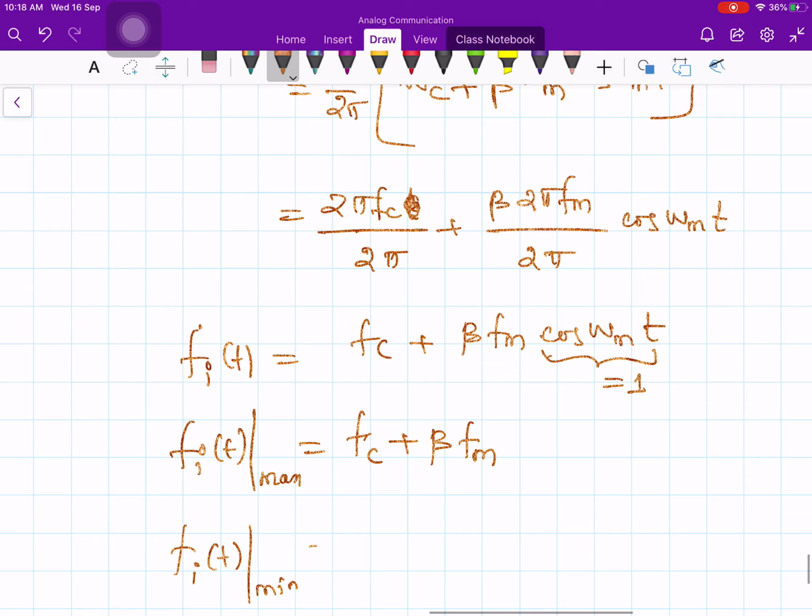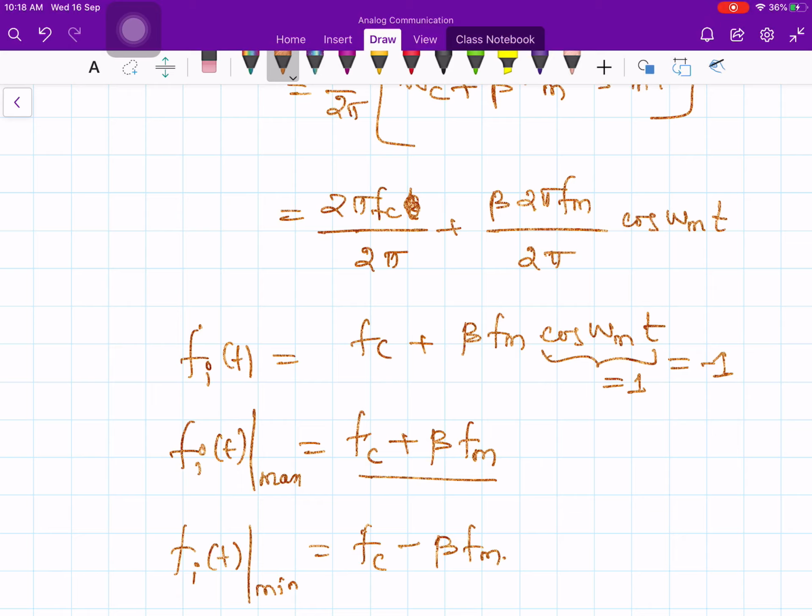At least this guy is equal to minus 1. Therefore fc minus beta fm. So the maximum instantaneous frequency is fc plus beta fm, and the minimum instantaneous frequency will be fc minus beta fm.